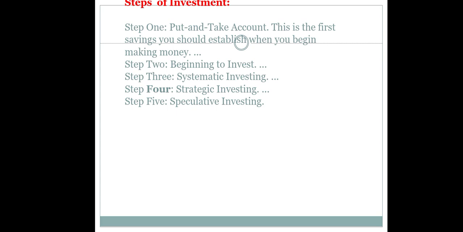The fourth step is strategic investing. You should not blindly invest your money only in a bank account. You have a lot of opportunities. You can put your money in provident funds or pension schemes, for those who are elders.